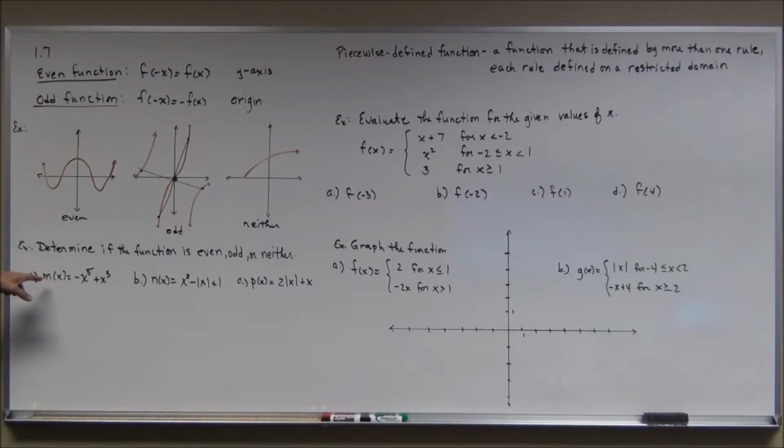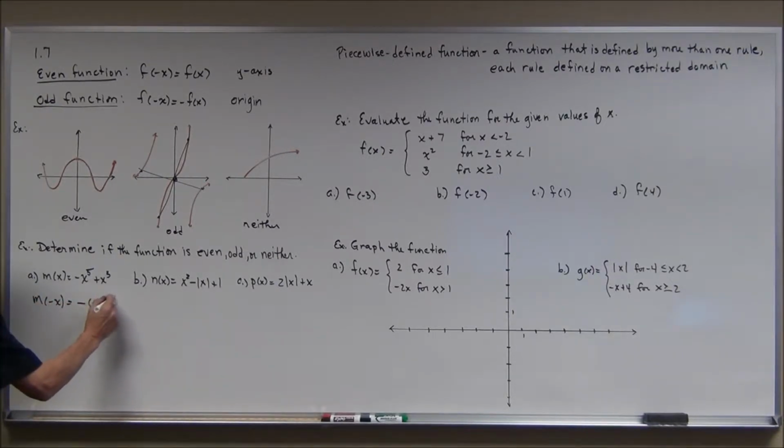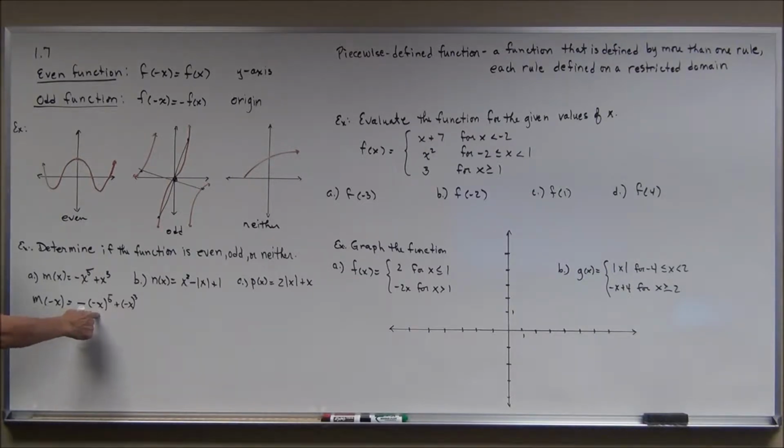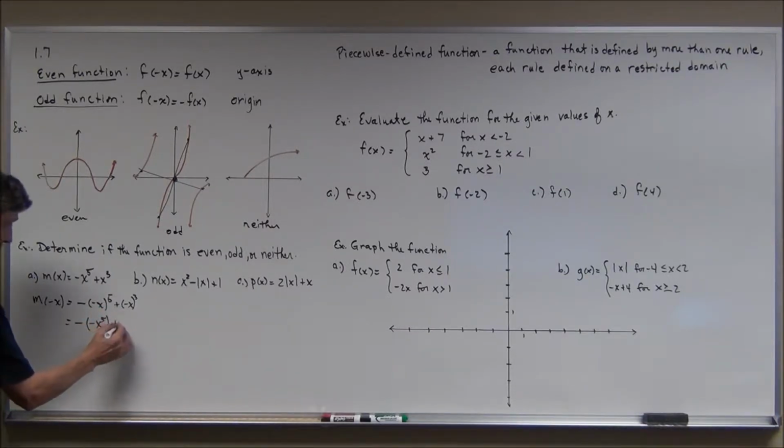So let's try m of x here by plugging in the opposite of x. So m of the opposite of x means I have the opposite of x to the fifth power plus the opposite of x to the third power. The opposite of x times the opposite of x times the opposite of x times the opposite of x times the opposite of x is the opposite of x to the fifth, 5 negatives. And the opposite of x times the opposite of x times the opposite of x would be the opposite of x to the third power.